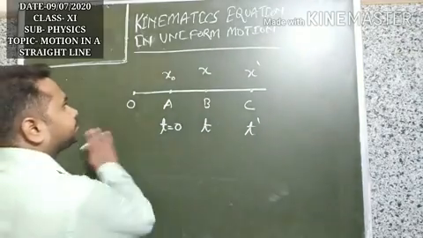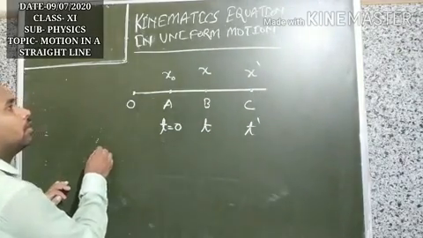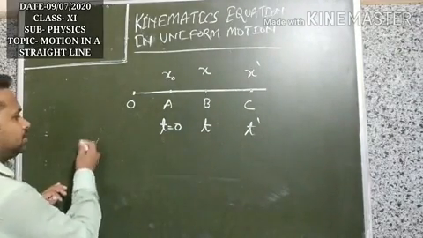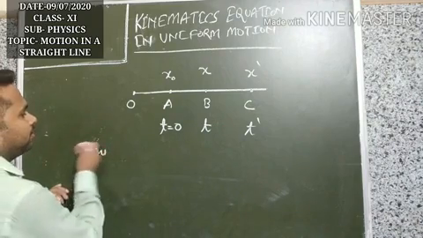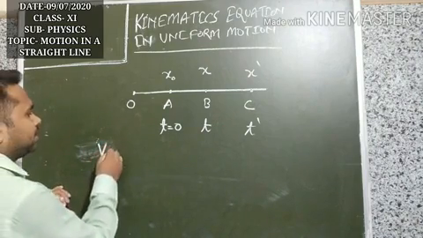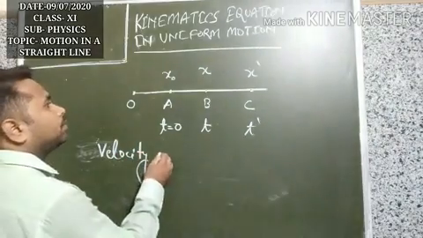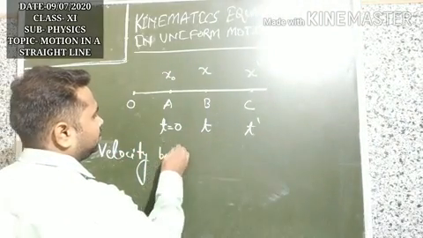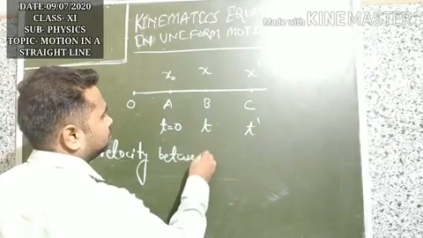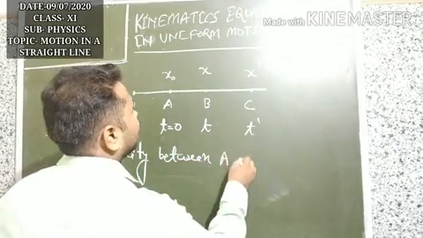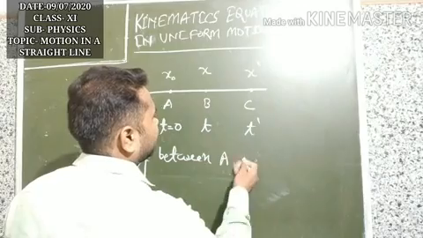Now see, it's uniform motion, so you can say the velocity is constant.